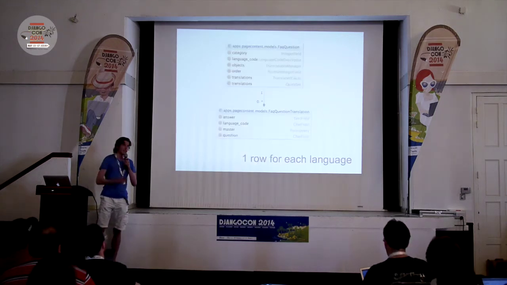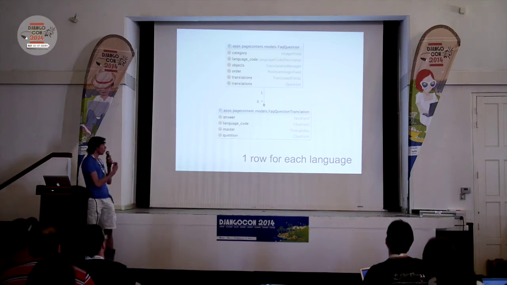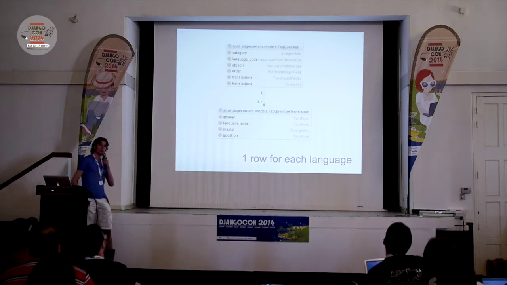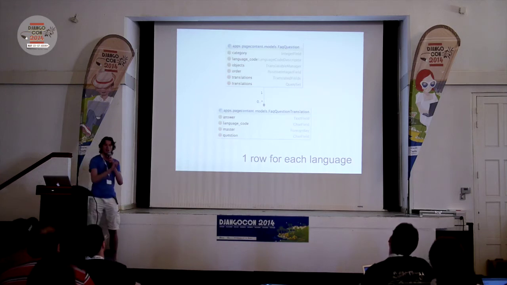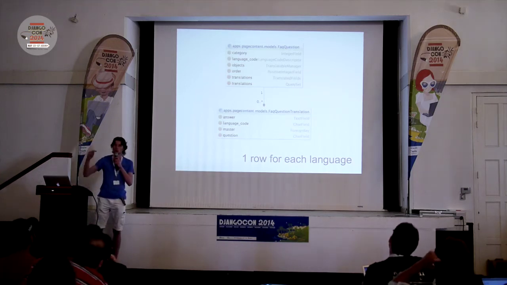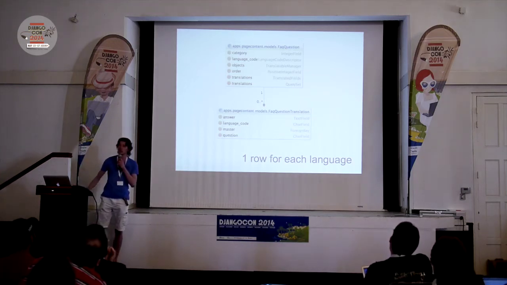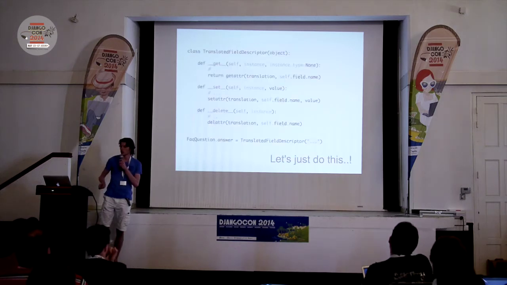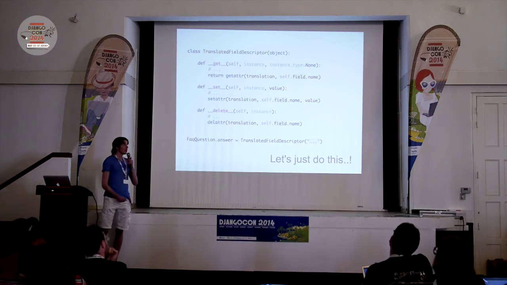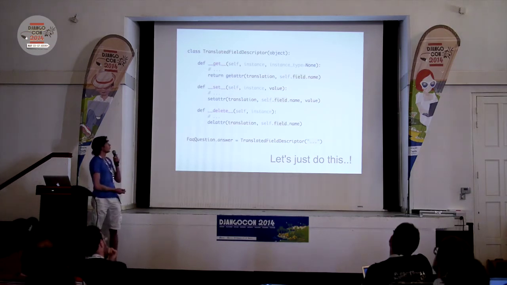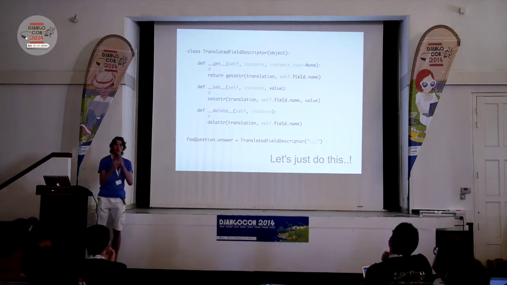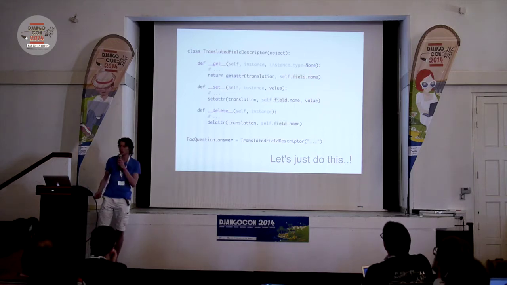So instead we want something where you have a separate table for the translated fields, and just have a language code, so each row represents a different language. When you start hacking that in a very simple way, and you start using descriptors, hey, it could work. You just have a field which proxies the correct translation.